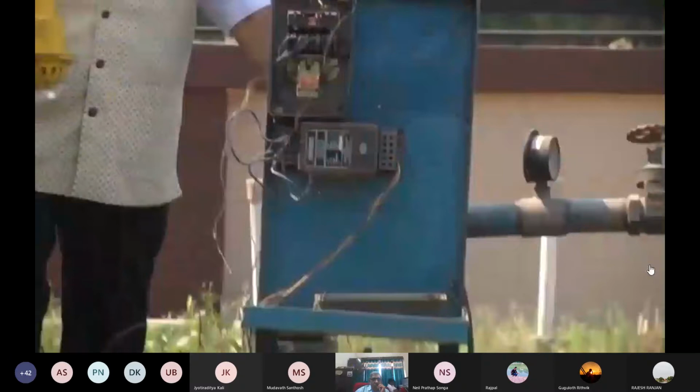Then the water is taken. This is the delivery end of the pump, which is connected, and then it goes to the main pipeline, and at appropriate locations sprinklers are attached. We have taken water from the delivery end of the pipeline.